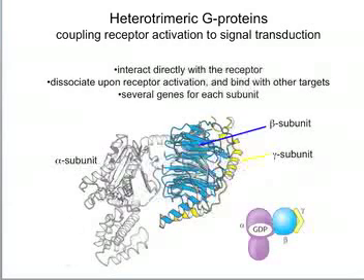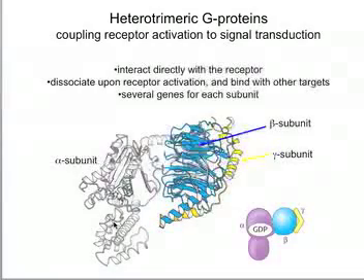In any case, the heterotrimer interacts with the receptor in its unactivated state typically, although we might see the opposite being the case as well. But upon receptor activation, the heterotrimer dissociates from the receptor and dissociates into at least the alpha subunit and the beta gamma subunit. And then the alpha subunit becomes the transducer in our sort of archetypal example, going on to activate a downstream effector enzyme.